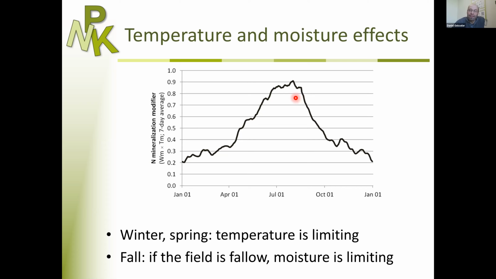drops again. I created this curve for a processing tomato system where the tomato was harvested in August. On the Central Coast, where you may grow 2 crops or a crop that is harvested much later, you wouldn't see that early drop in microbial activity. So this drop is due to the harvest of the tomatoes and then no further irrigation.